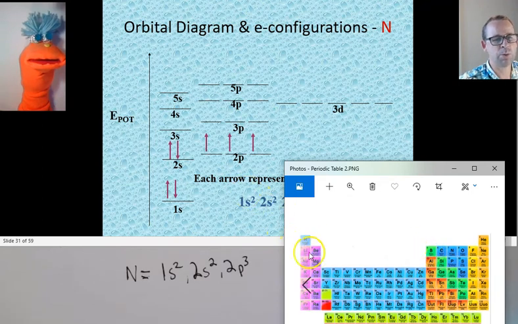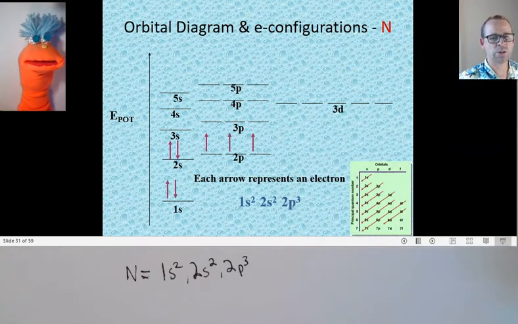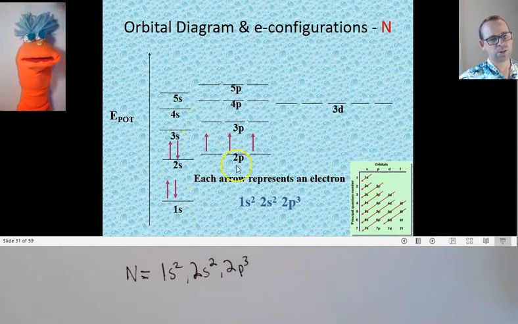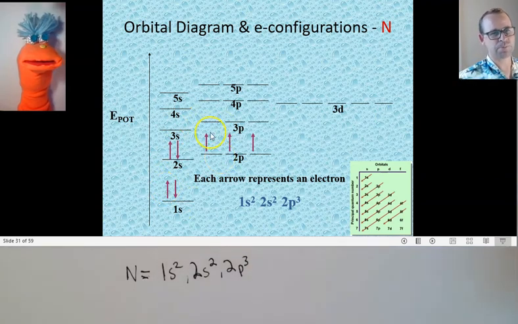So every time we move to a new n value, a new row, we increase our energy. And every time we move to a new subshell, S to P, and this block here is our D block, and we'll talk more about that in the future, we also increase the relative energy. Now, the amount of increase doesn't matter too much. All this is doing is allowing us to get a rough snapshot of the energies.